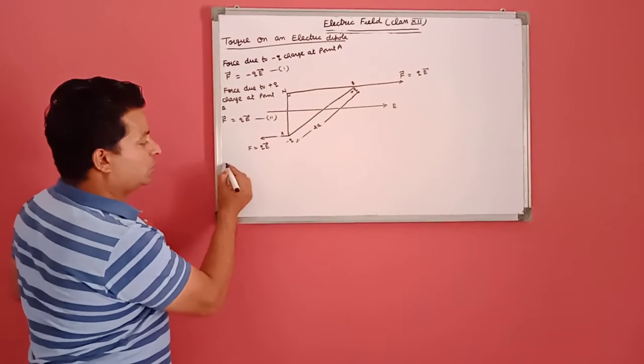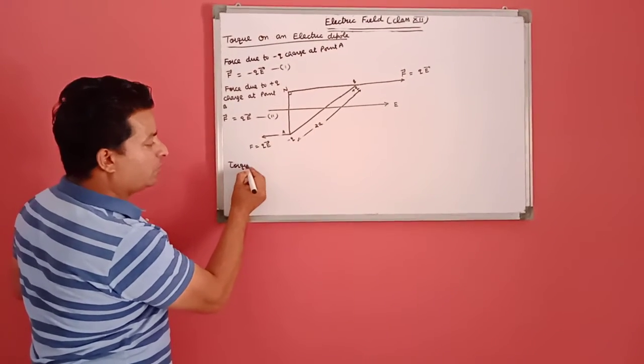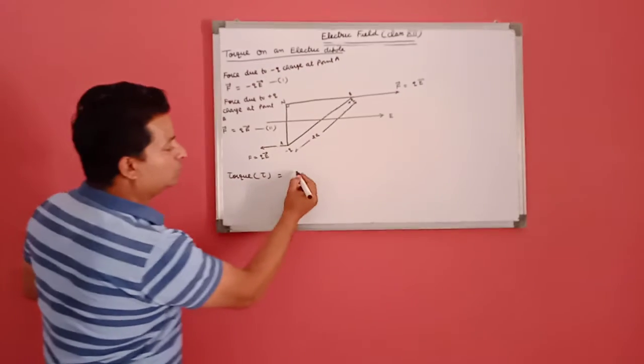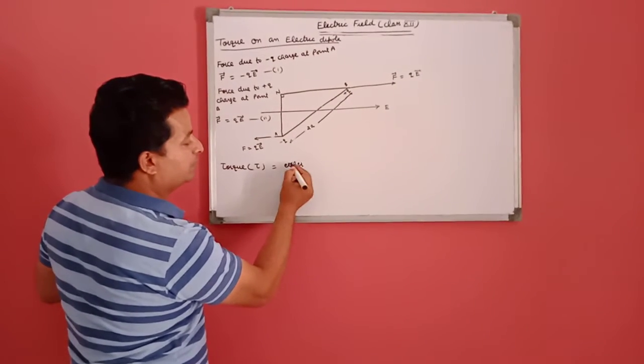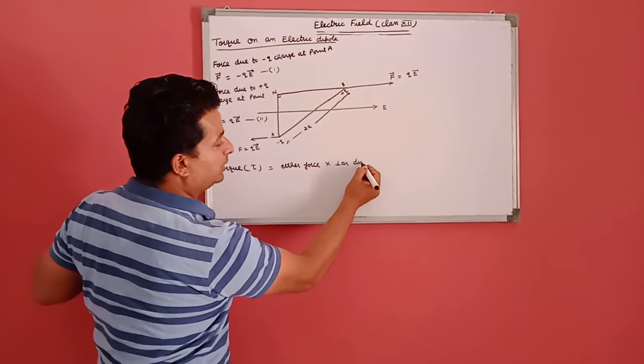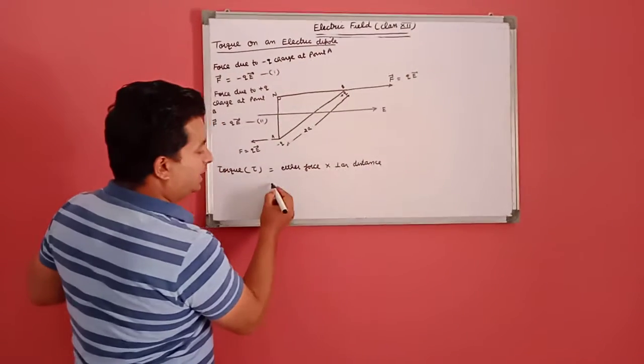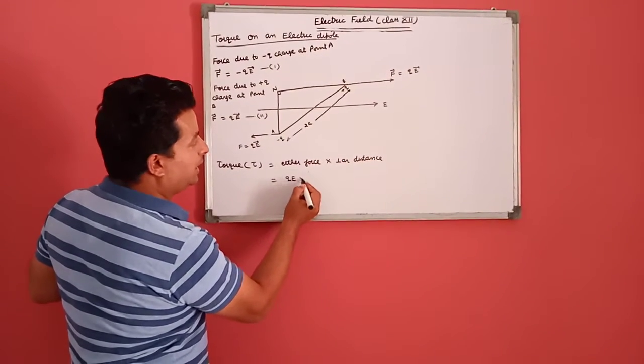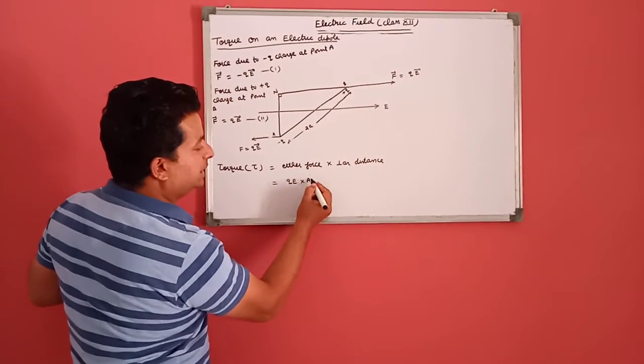Torque, denoted by tau, is equal to either force into the perpendicular distance. Either force is qE and the perpendicular distance is AN.